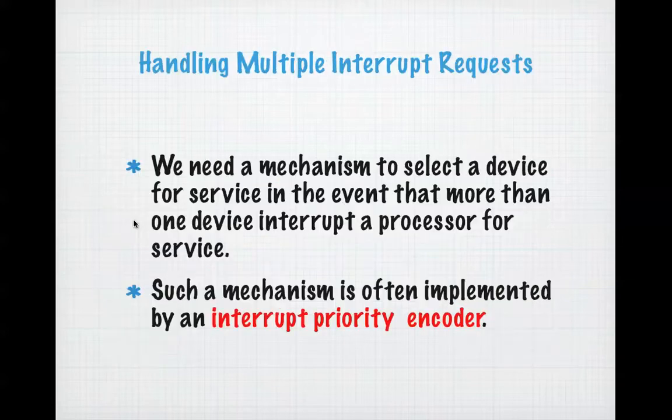So on the next slide, I am just going to reiterate that we need a mechanism to select the device for service in the event that more than one device interrupts our processor for service. And such a mechanism is often implemented by what I call an interrupt priority encoder.